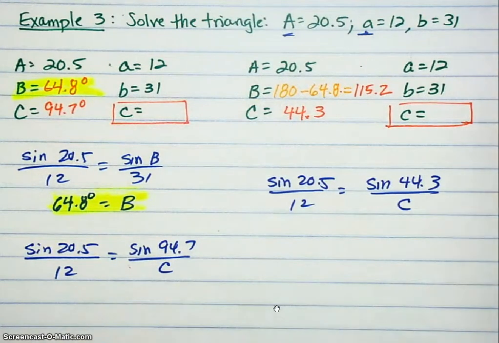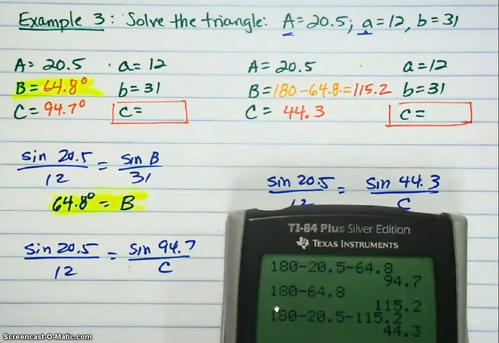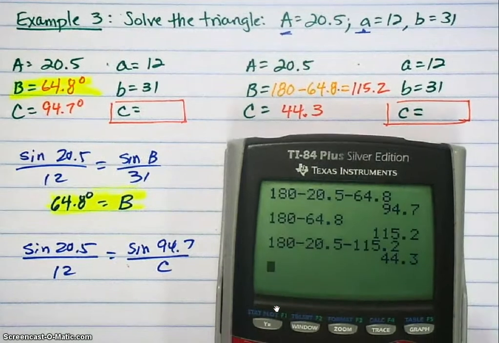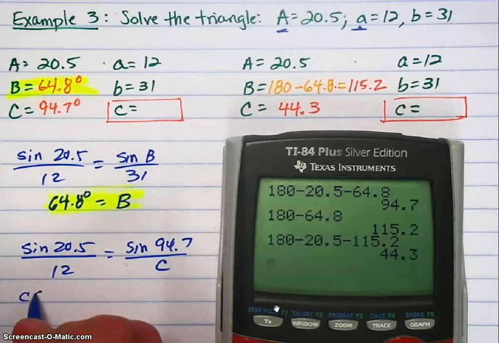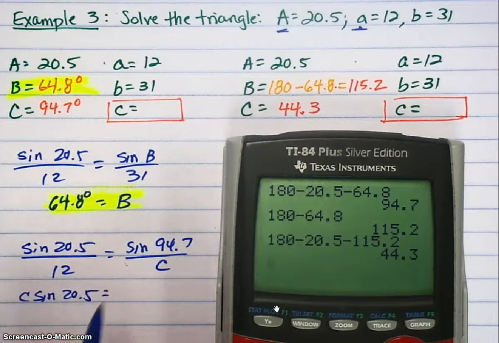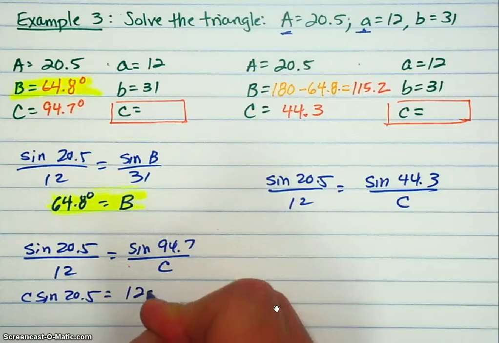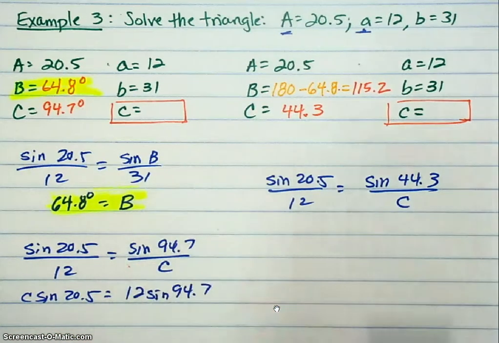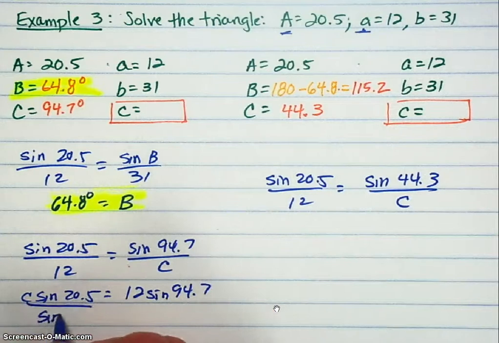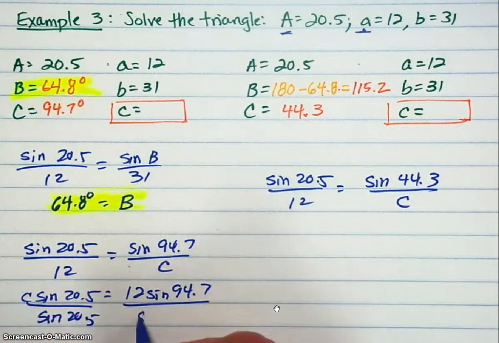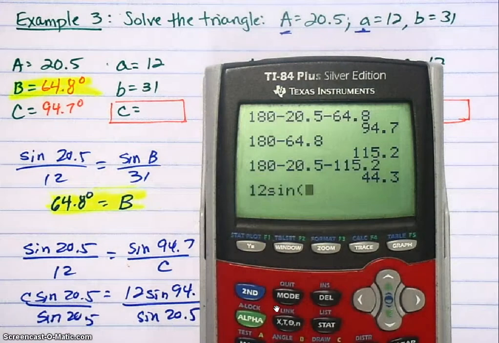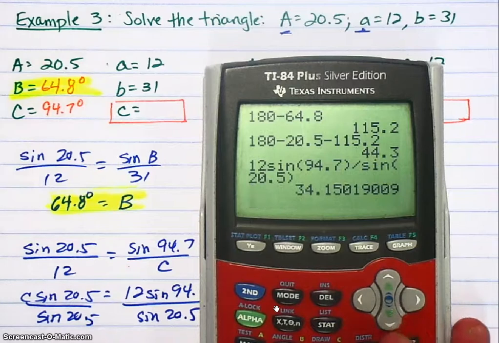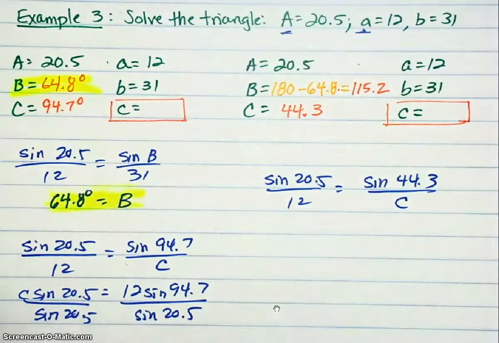So just to make sure we've got the answers down here, cross multiplying, C sine 20.5 equals 12 sine of 94.7. So we're going to go 12 sine 94.7 divided by the sine of 20.5, and that gives me 34.2 for C here.